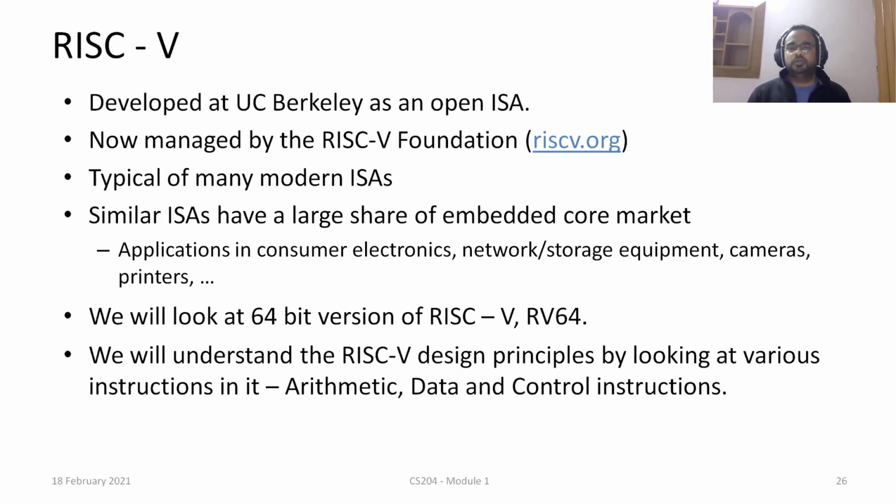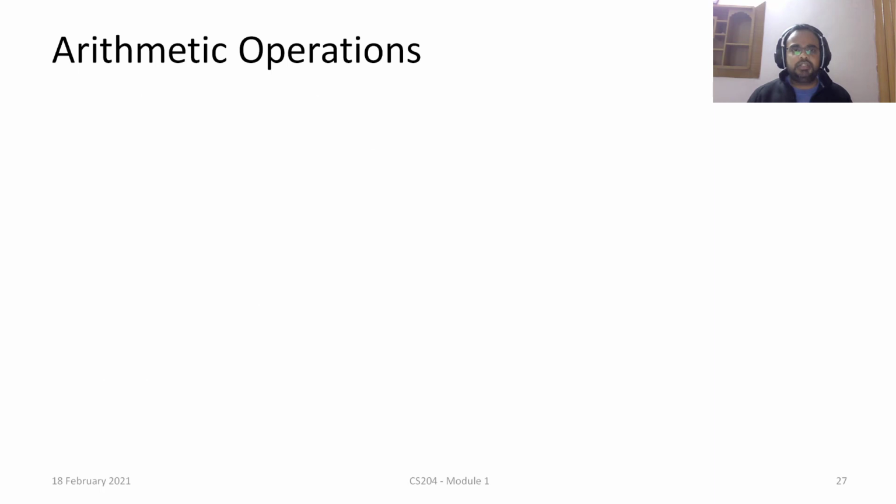Primarily, the instructions can be grouped into three. Like I mentioned in the previous class, they are arithmetic instructions, data transfer instructions, and control instructions. We'll start with the arithmetic instructions in this lecture. The arithmetic operations like add, multiply, subtract, divide, logical operations like and, or, XOR, shift operations, left shift, right shifts, etc. All these are together grouped as arithmetic instructions.